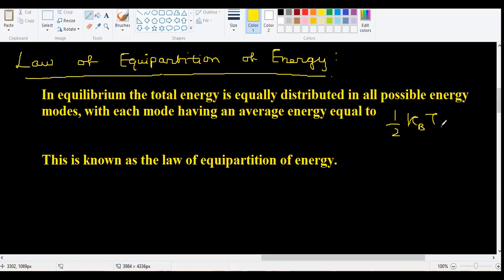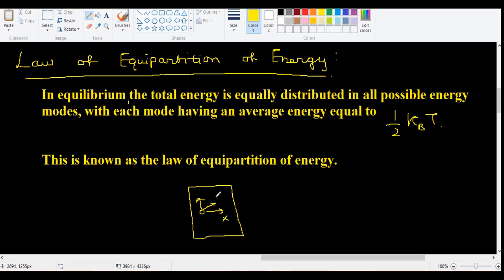So what are they trying to say? In equilibrium, right? Meaning the temperature is same everywhere. So if you take a container, the molecules, so there are different modes of energy, right? So let's talk about those things first. So the molecule might be moving this way in the x direction. It might be moving in the y direction, or it might be moving in the z direction.